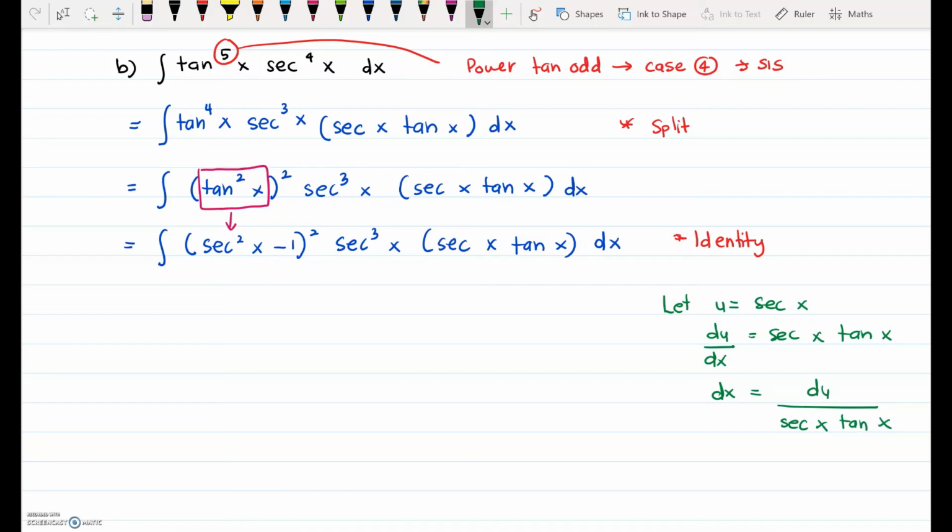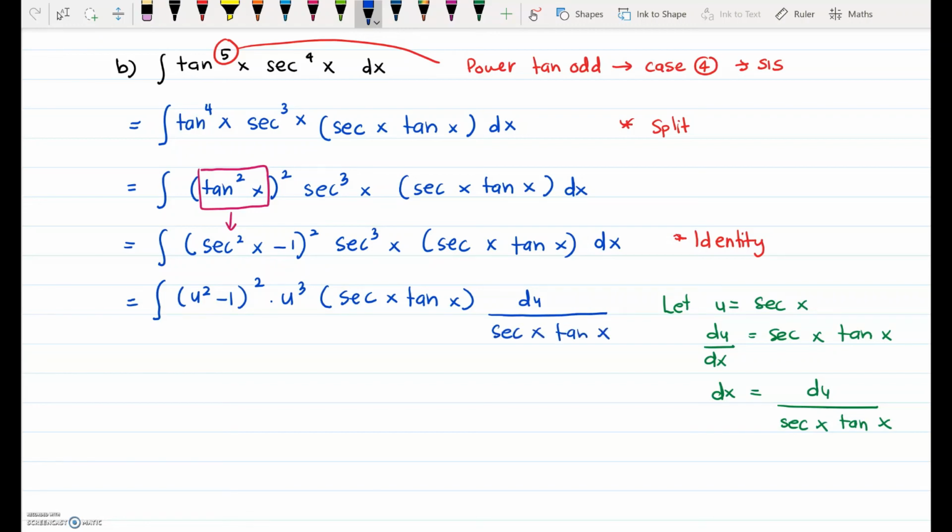Please be careful with the angle. If you have an angle other than x, then don't forget to differentiate the composite function. Now let's substitute in your solution. We have the integration of u square minus 1, squared, times u power 3, and we have secant x tangent x, and your dx will be du divided by secant x tangent x.